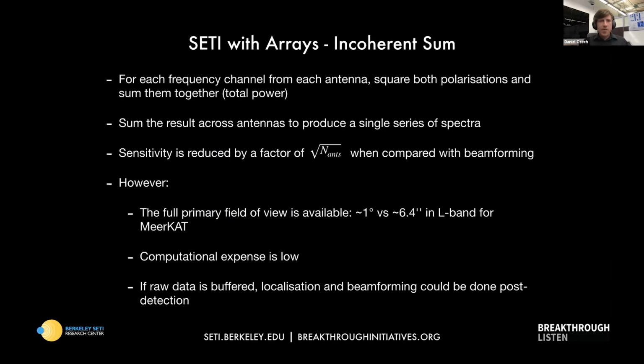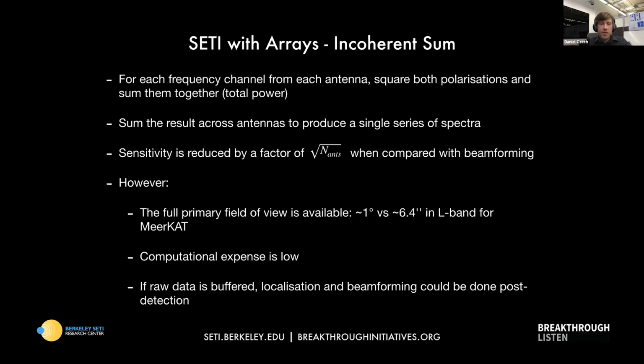Another mode of observation, I'll just mention this briefly, is the incoherent sum. So instead of creating these steered beams, one can just look at the entire field of view altogether. The disadvantage of this is that the sensitivity is reduced by a factor of the square root of the number of antennas when compared with coherent beamforming.